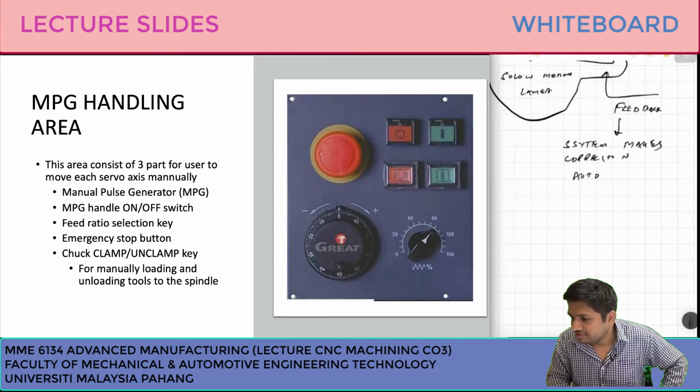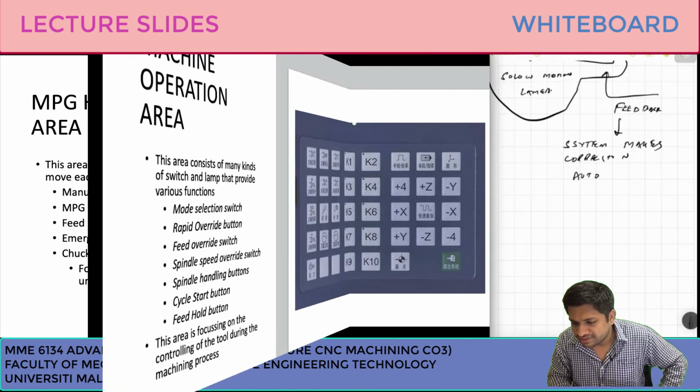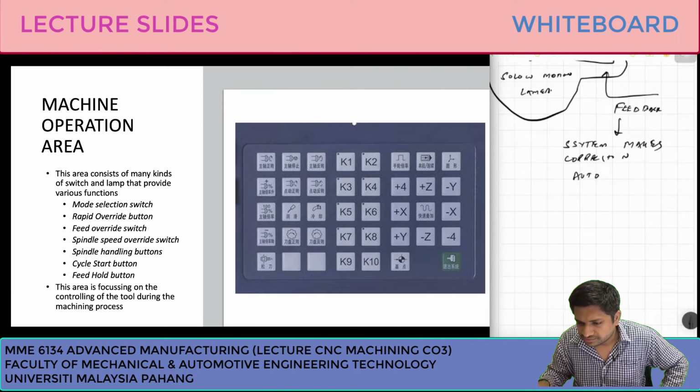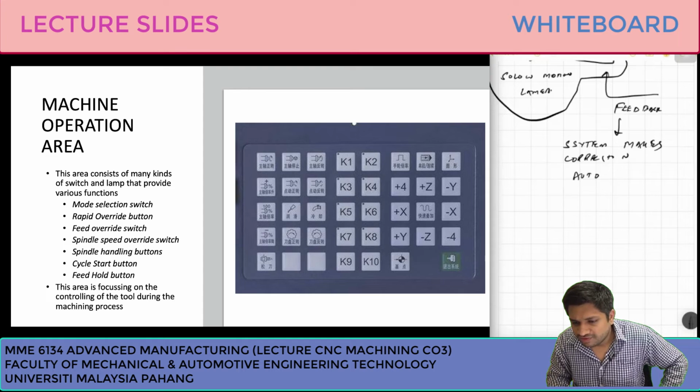This area is basically for manual control. Furthermore, you've got feed ratio selection key, emergency stop button, chuck clamp and unclamp key, etc. Then you've got a machine operations area where you can have many kind of switches such as lamp, mode selection, rapid override, feed override. So you can increase the feed to finish the machining operation very quickly, something like that.